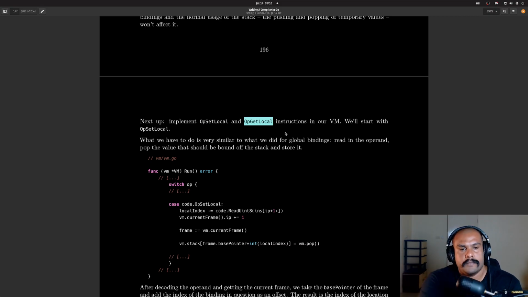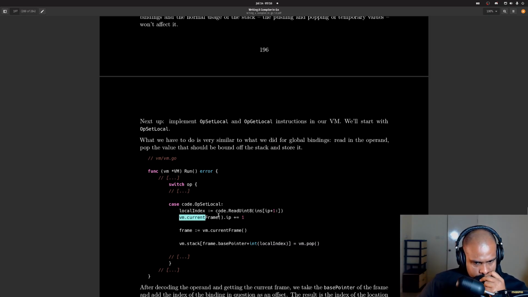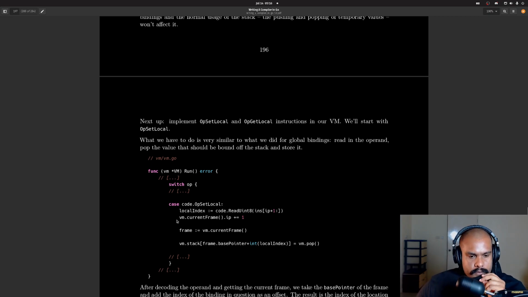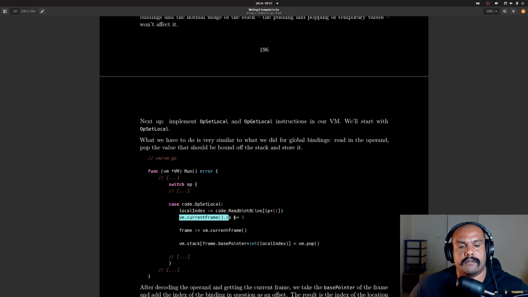Alright, okay. So whenever we set, I think it'll be the same as global, right? But we increment the instruction pointer of the current frame.